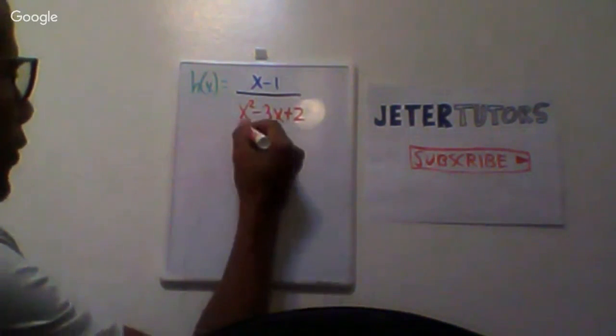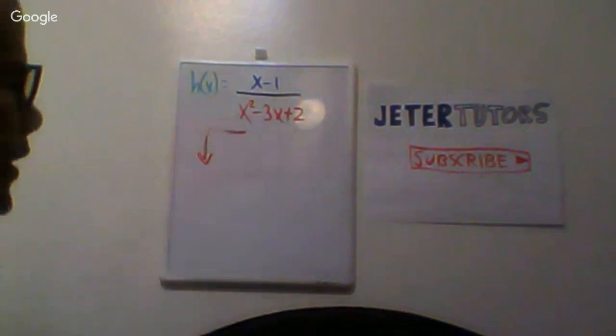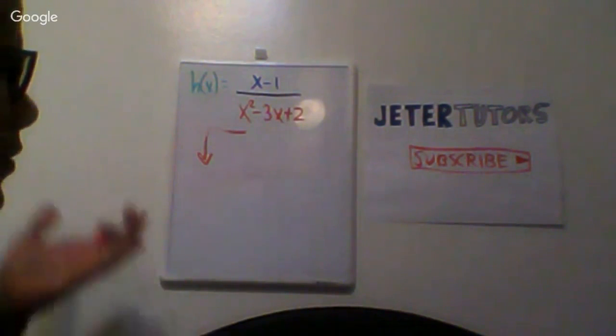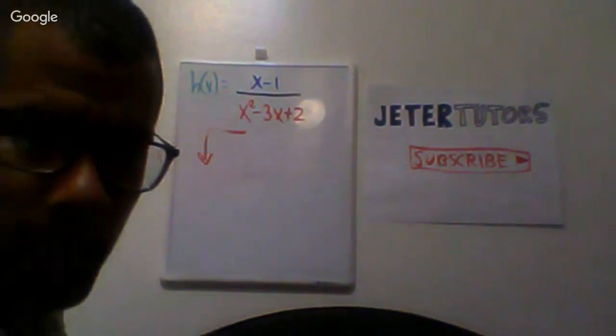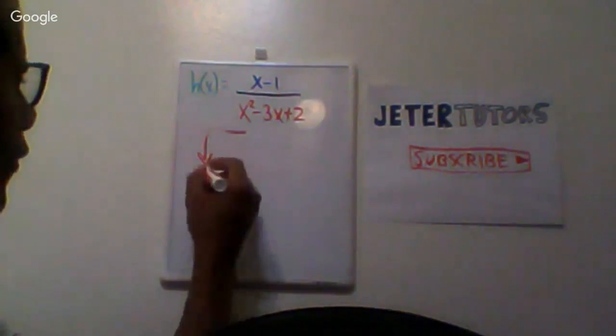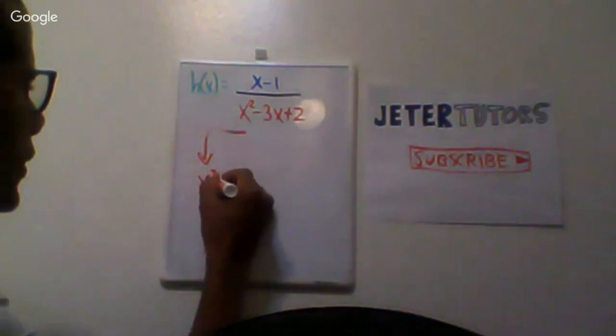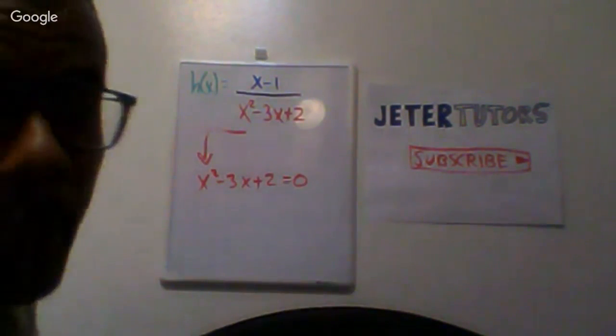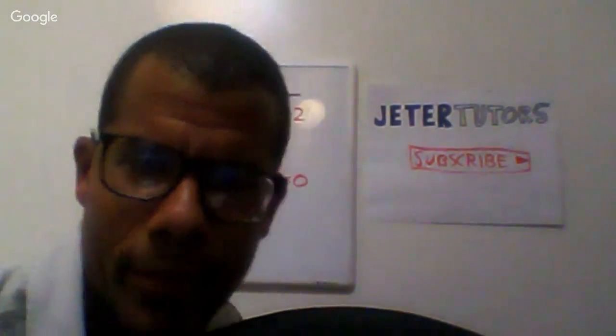When you're dealing with the vertical asymptote, like I had in the beginning of the video, it's kind of an easy thing. I like this problem because you'll see there are some nuances to it. Pretty much you're looking for when x squared minus 3x plus 2 equals 0, because that's a bad thing.